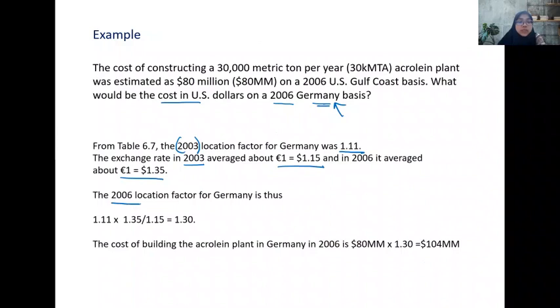So the location factor for Germany in 2003, times the current currency exchange in 2006 over that in 2003, we can get the factor for 2006 for Germany, 1.3, and then times 80 million, you can get the cost in Germany in 2006.